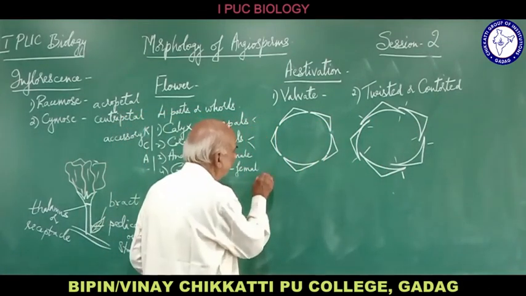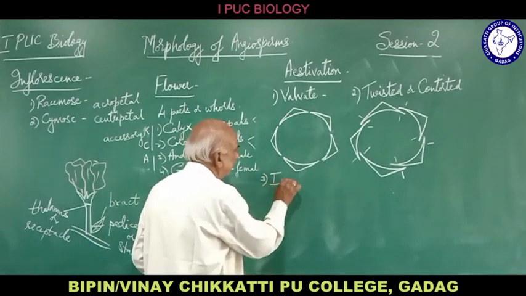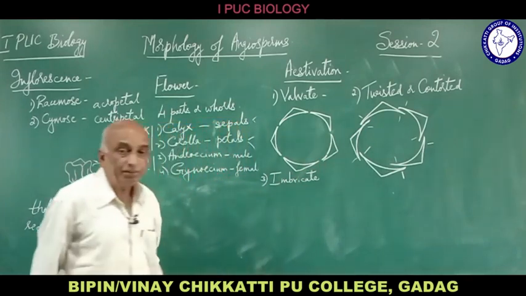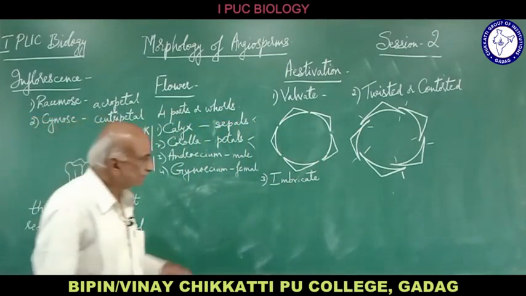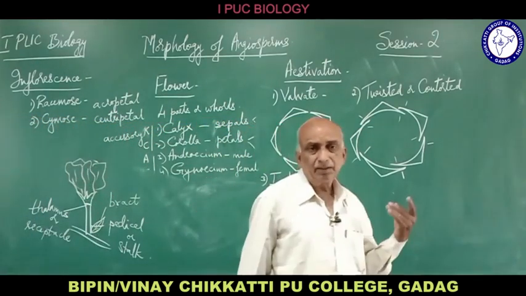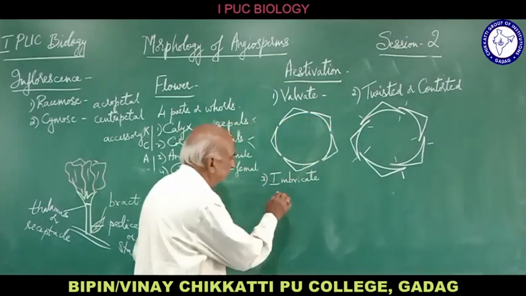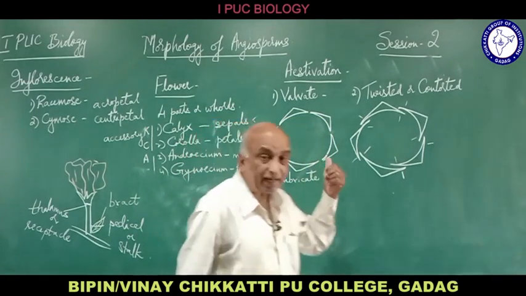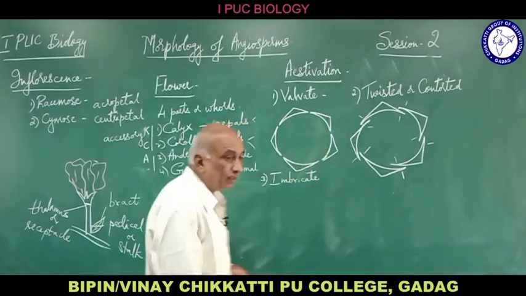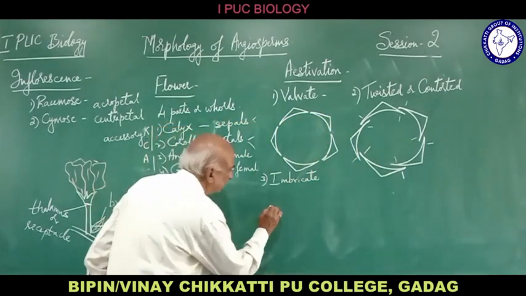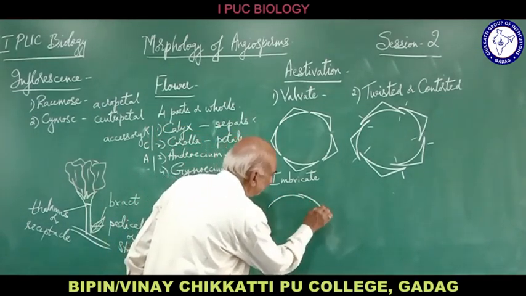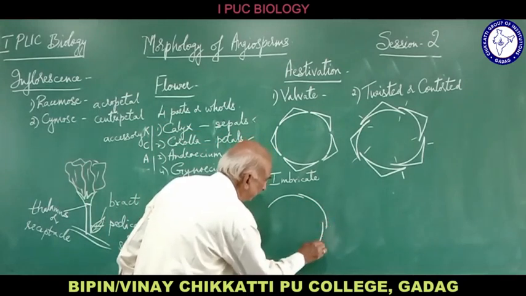Then there is one more type of arrangement which is called imbricate estivation. It is just a slight difference from contorted or twisted estivation. If you observe the arrangement, it looks like this.